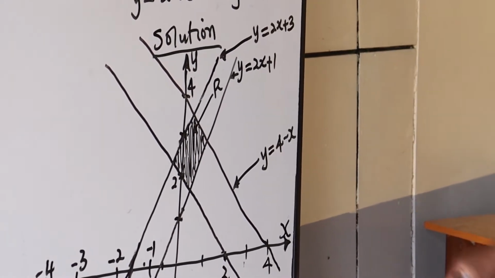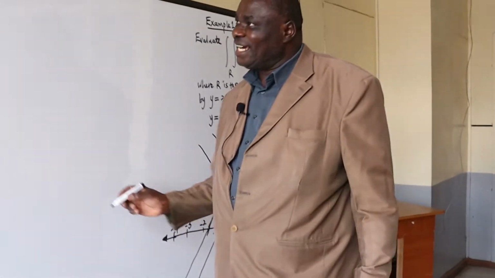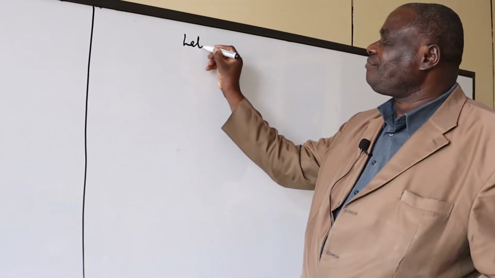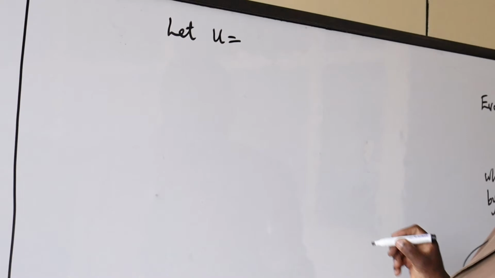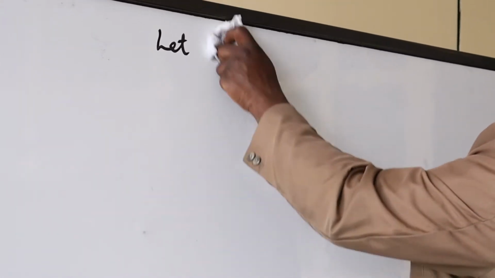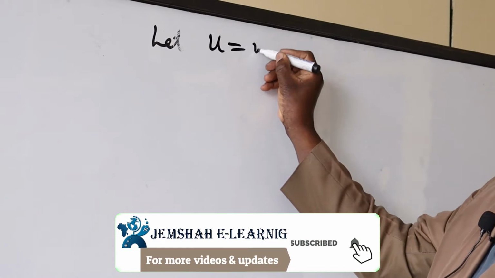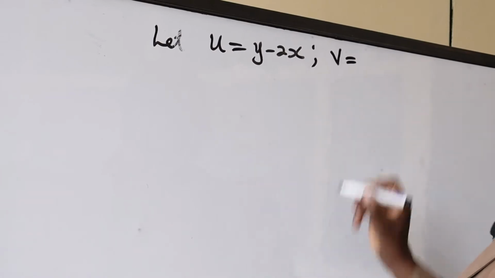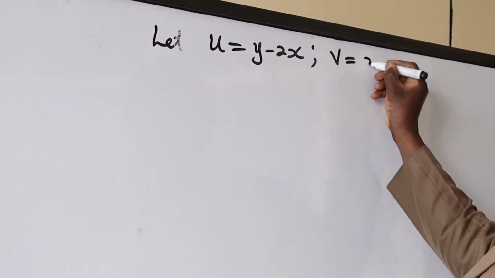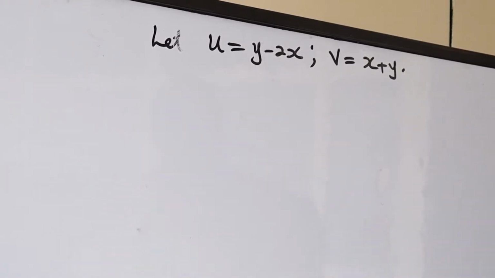So we want to transform this particular region into region S. Now we can say, let u be equal to y minus 2x, and v be equal to x plus y.